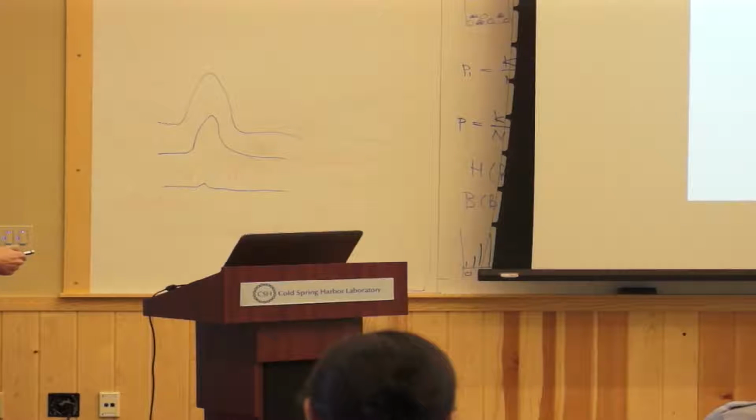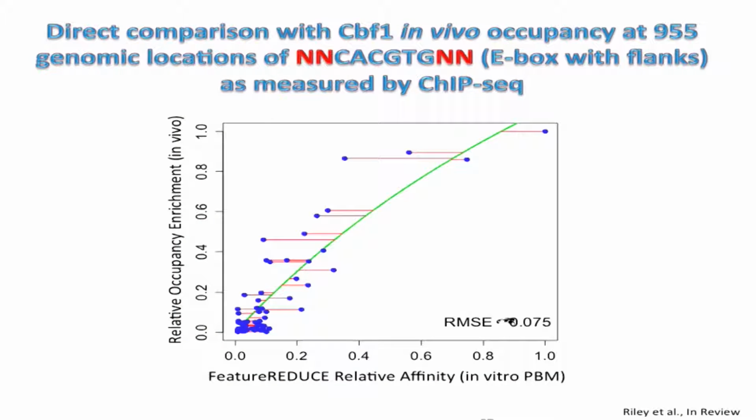And then on the y-axis, this is the measured relative occupancy enrichment. You did two ChIP-seq experiments. One was control, and then one was after doing pull down for CBF1 binding. And so this is a relative enrichment in the ChIP-seq reads.